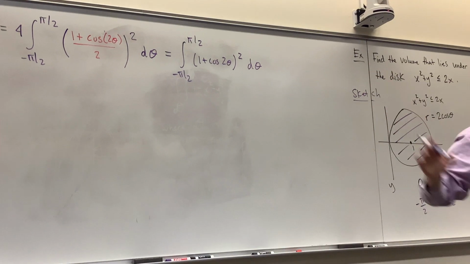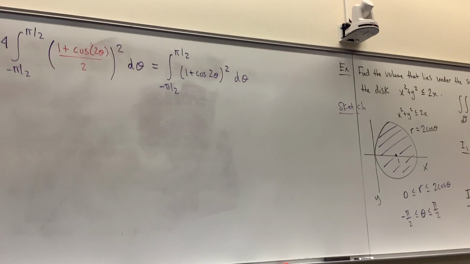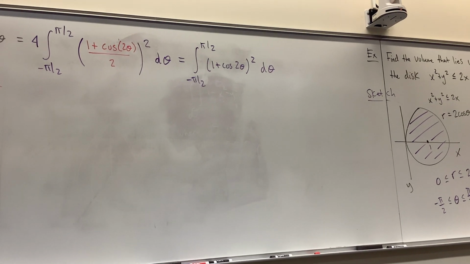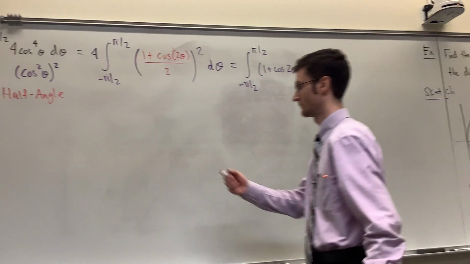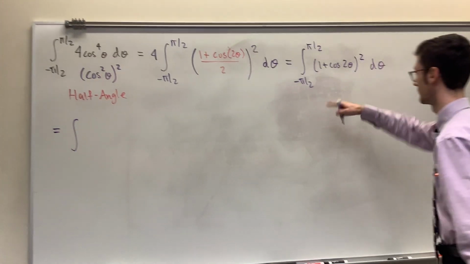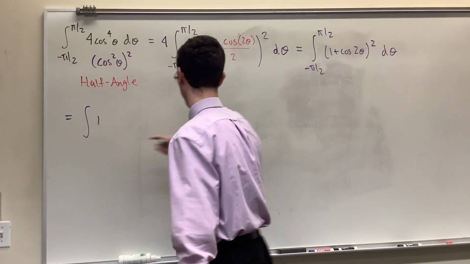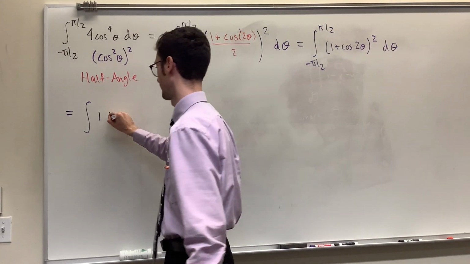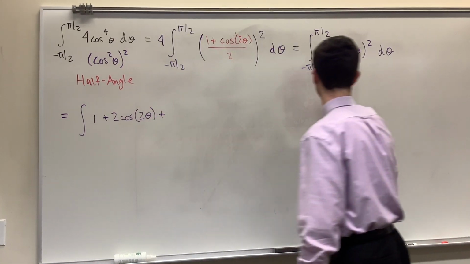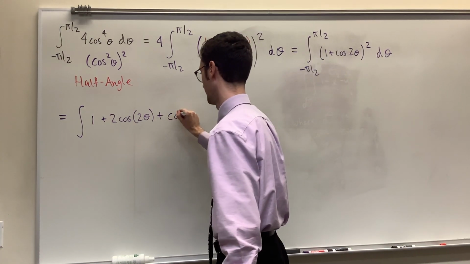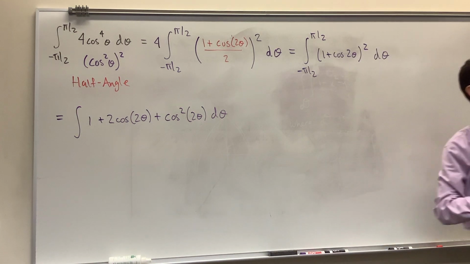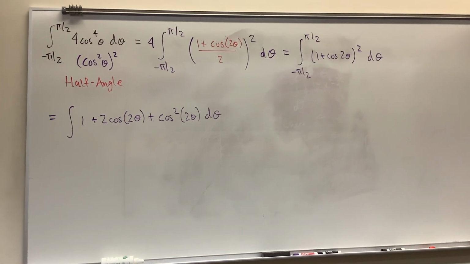That 1/2 squared and that 4 just take care of each other. Okay, so let's square that thing out. One, I'm just squaring that out, plus 2 cosine 2 theta plus cosine squared 2 theta. Agreed?